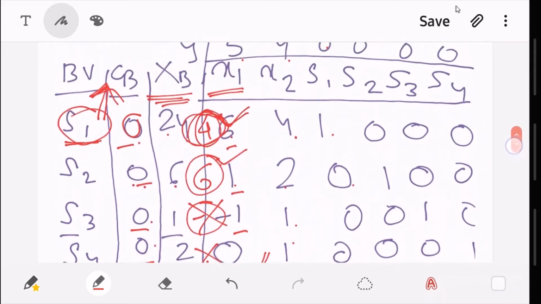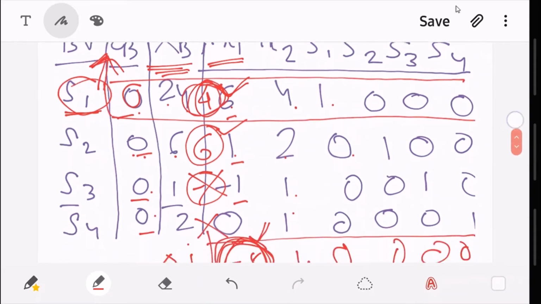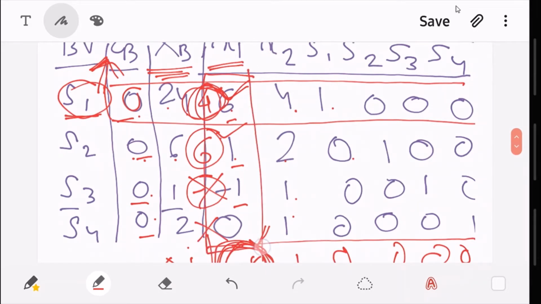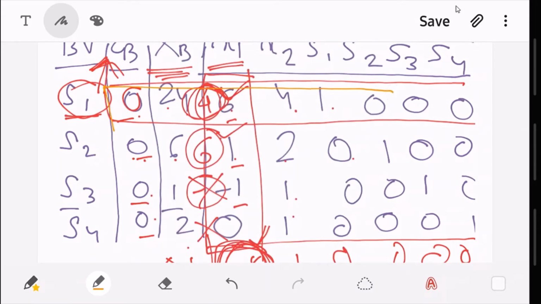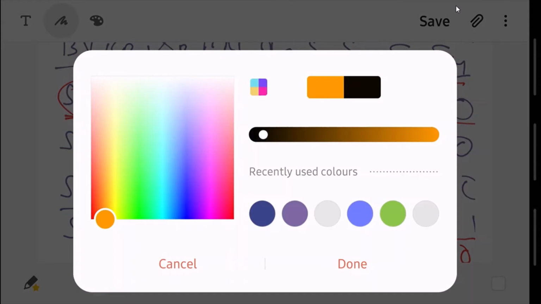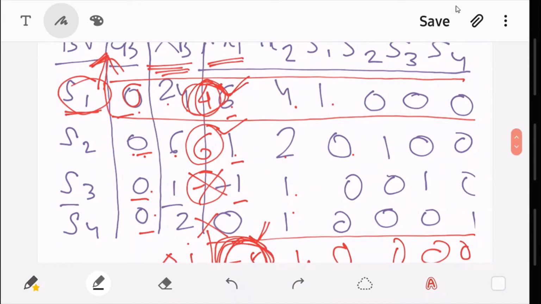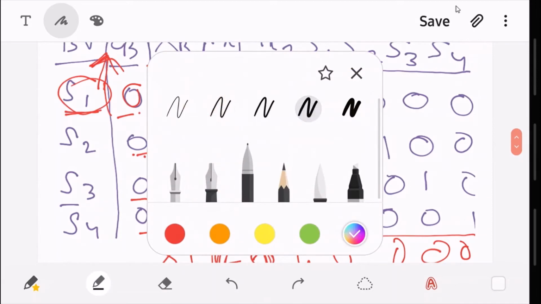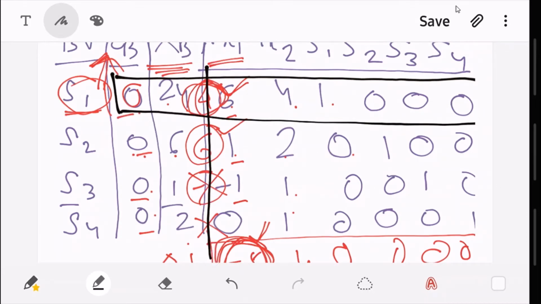Now the Gauss-Jordan method says that this is the row of the leaving variable, and this is the column of the entering variable. So 6 is my pivot point.